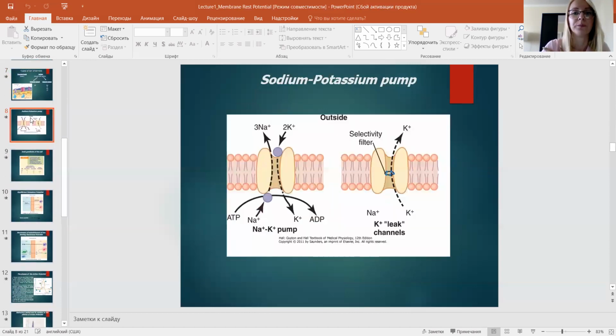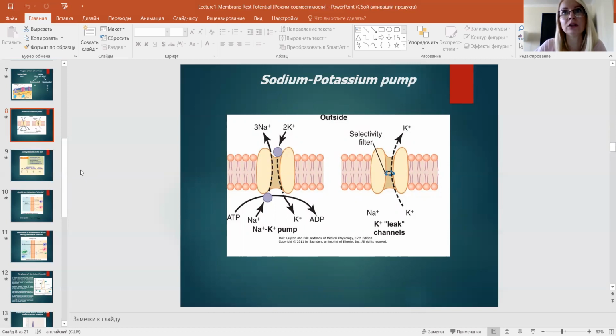Okay, let's move on. Now let's discuss the next feature of the establishing of resting membrane potential, which is the sodium-potassium pump. What is it? It is a membrane protein that uses energy from ATP for moving sodium and potassium through the plasma membrane against the concentration gradients. Sodium ions are transported out of the cell, increasing the concentration of sodium outside the cell.